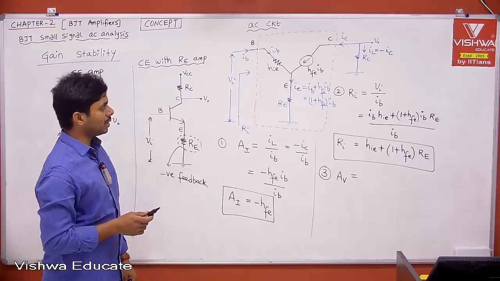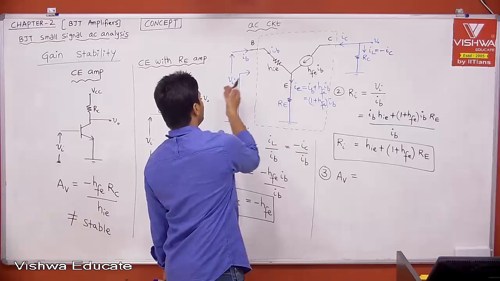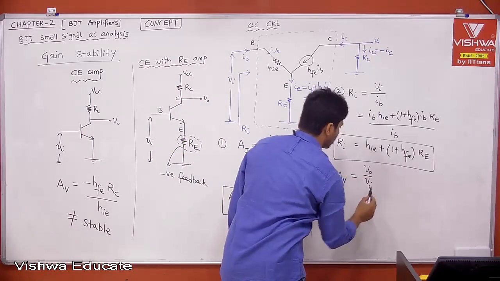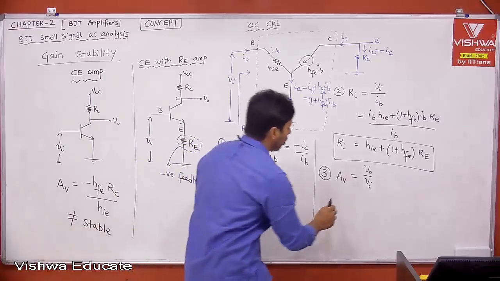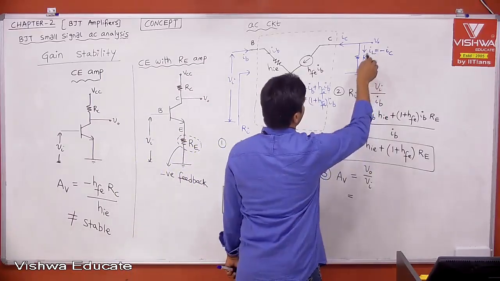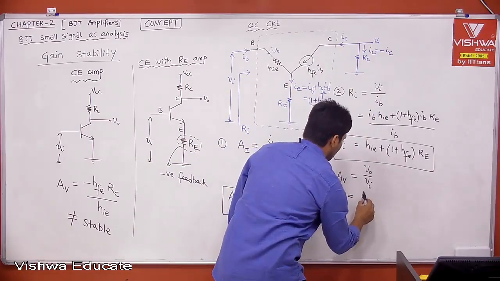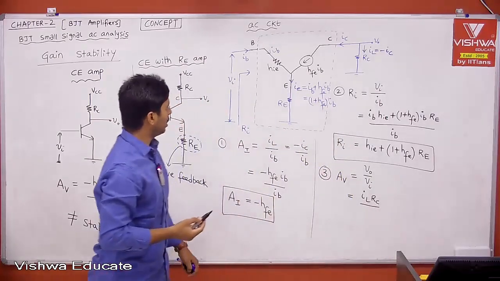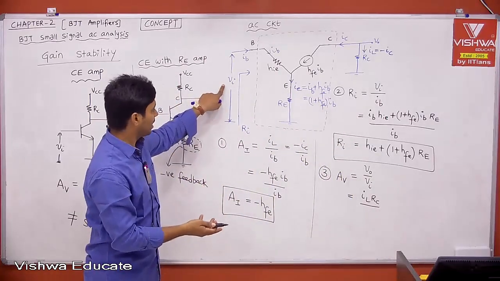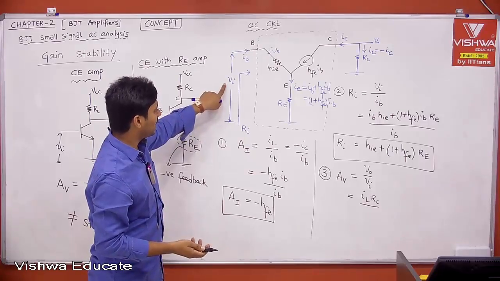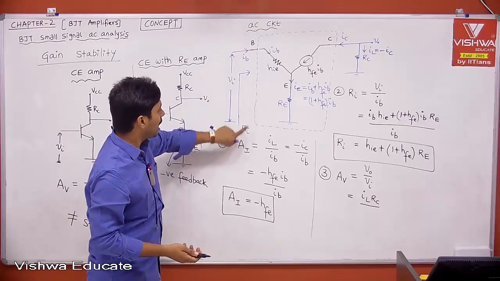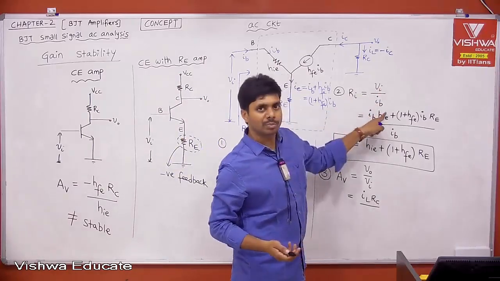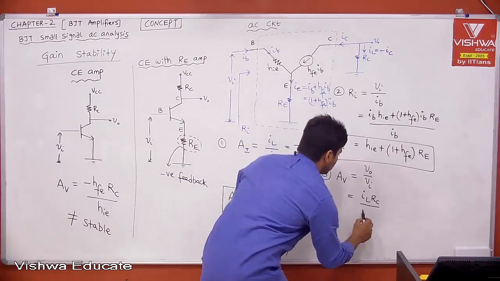Now, what is voltage gain? Definition: output voltage by input voltage, V0 by Vi, right? Therefore, what is V0? Can I write it as IL into RC, divided by what is VI? Every time we are writing the same thing. Because we know the effective input impedance, VI is RI into IB, and we were using this continuously.